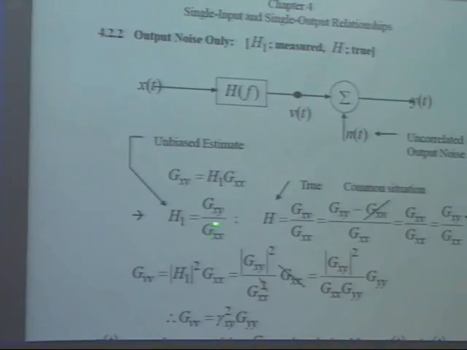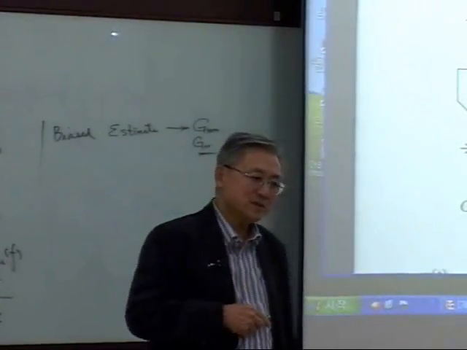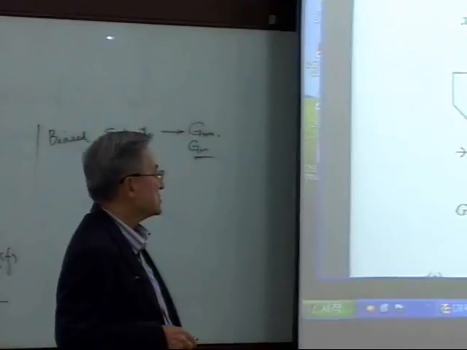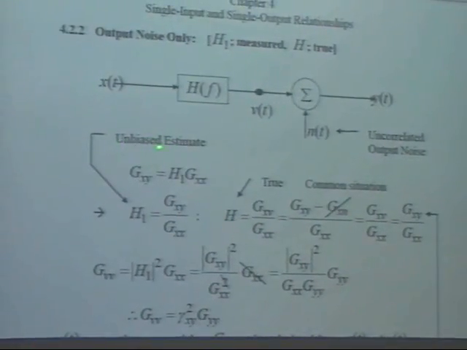H1 is said here to be an unbiased estimate. Why is that? Why is it unbiased? Unbiased means no noise is involved. Why is that? Well, let's think a little bit, okay? Let's hold this definition.